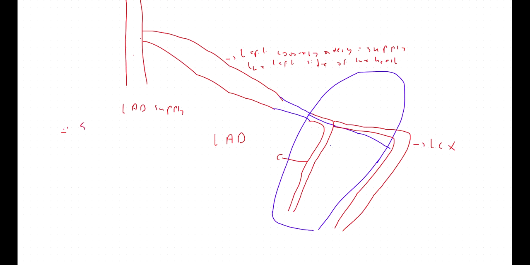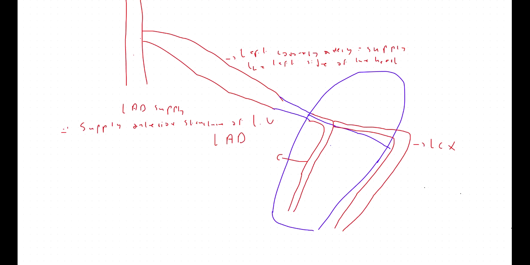It supplies anterior structures of the left ventricle. Okay, so left ventricular blood supply should be on your tips.